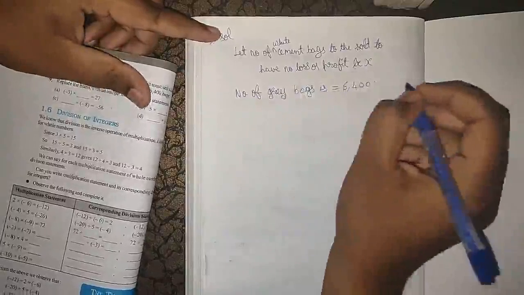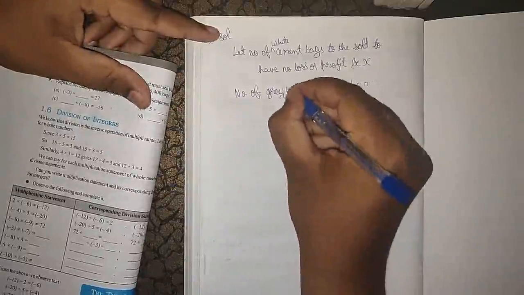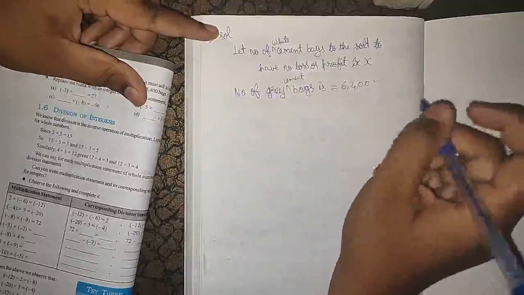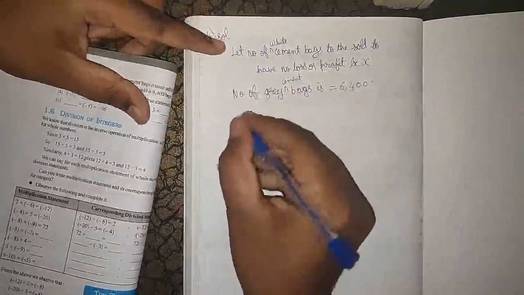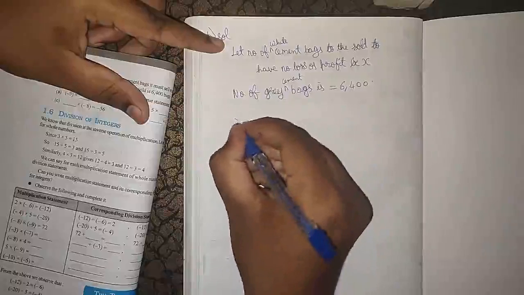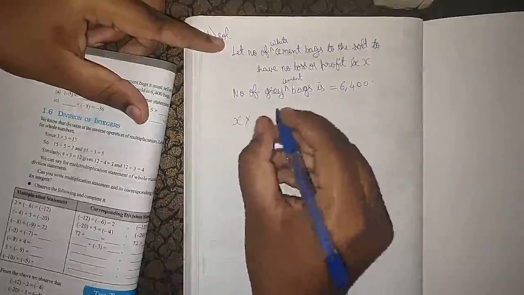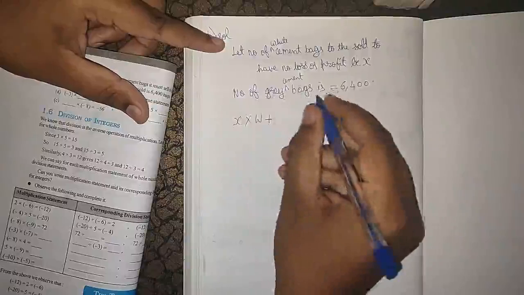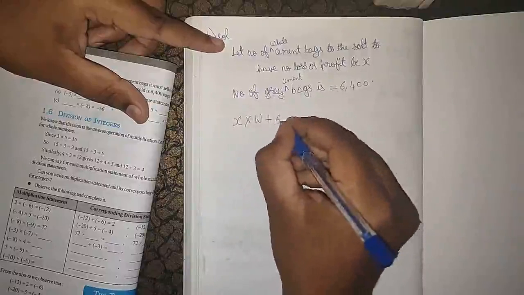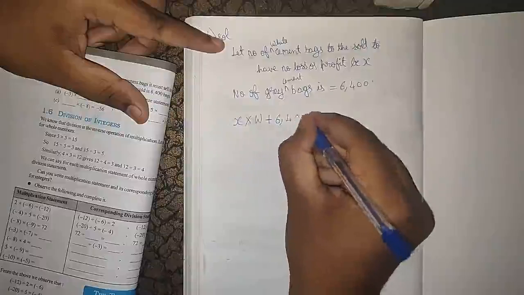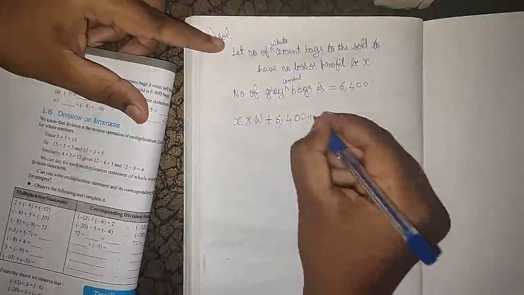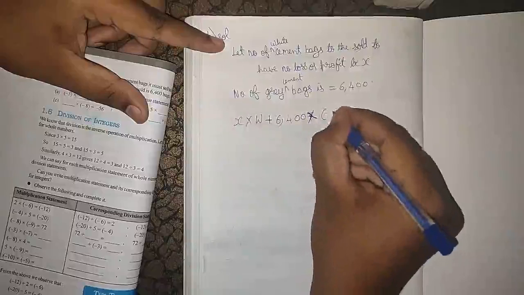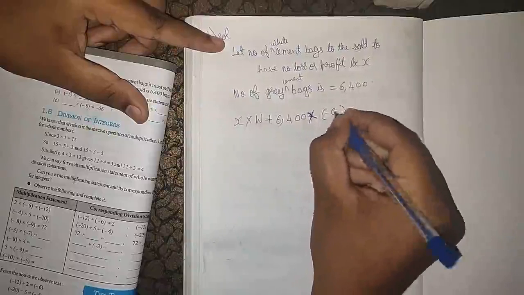So x bags into profit, that is W, plus the number of grey bags they have given, 6400, into minus G, since I am taking the grey bag loss as negative.